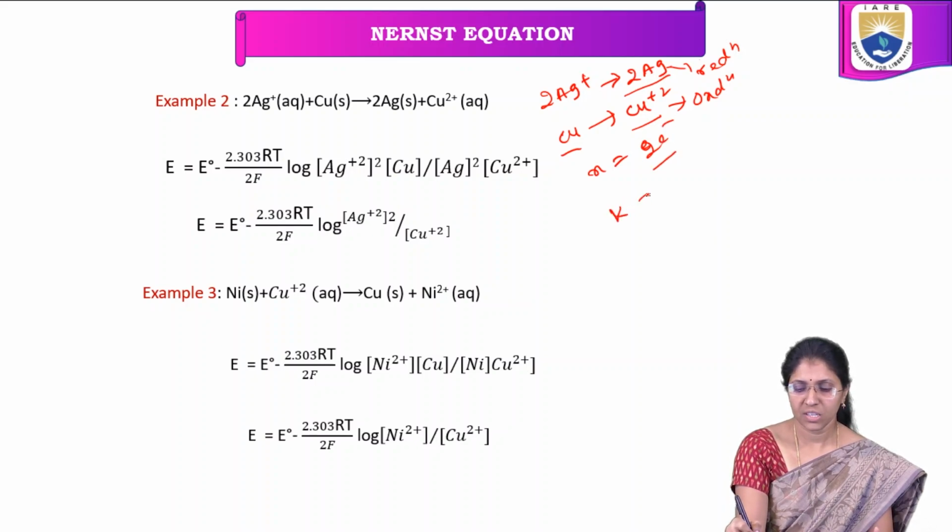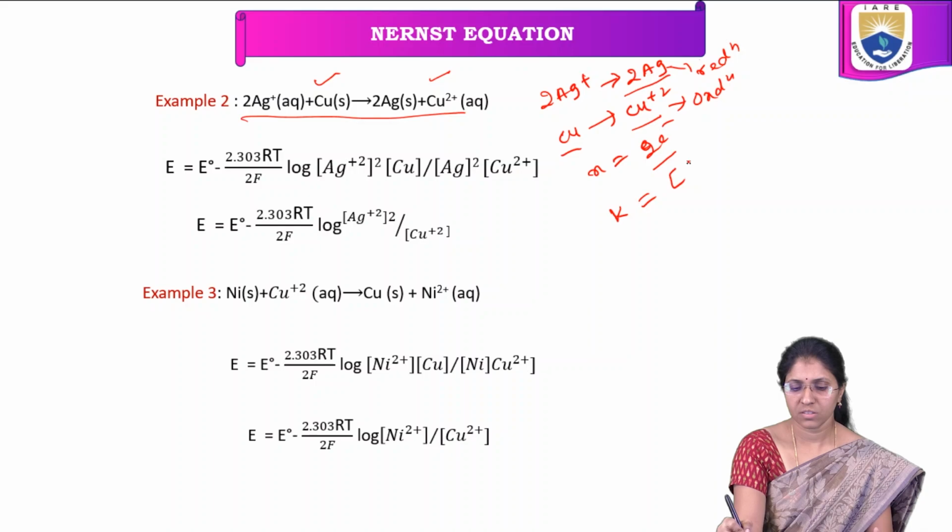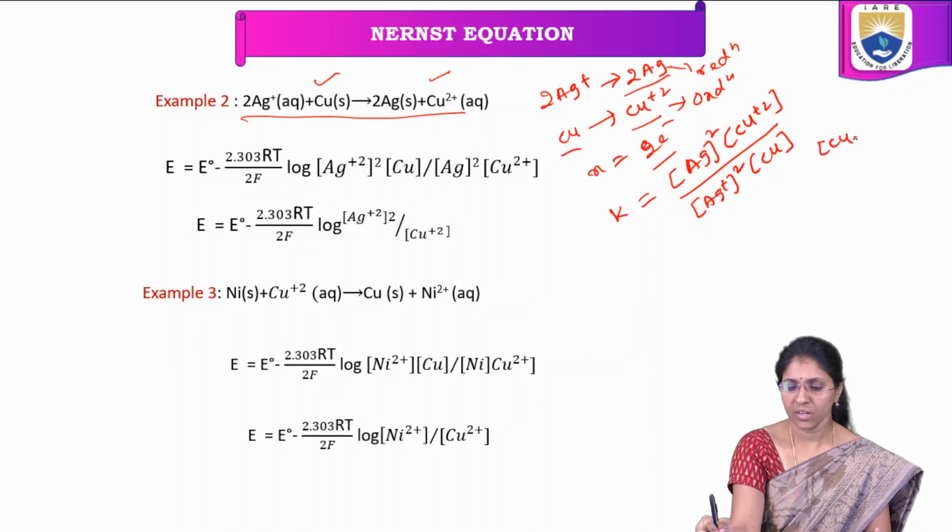And from this equation, these are products and these are reactants. So we can write concentration of Ag to the power of 2, copper plus 2 concentration, by concentration of silver ion and concentration of copper. The concentration of copper and concentration of silver equal 1.